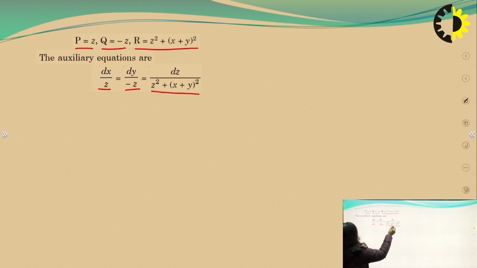So the auxiliary equations are dx upon capital P, dy upon capital Q and dz upon capital R. We substitute the values of capital P, capital Q and capital R.